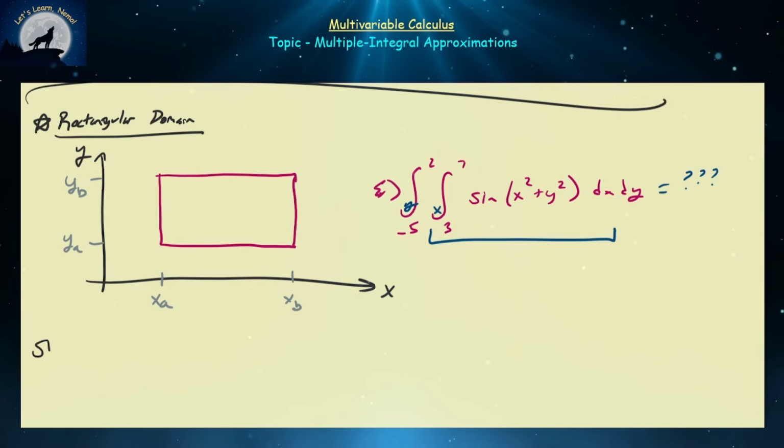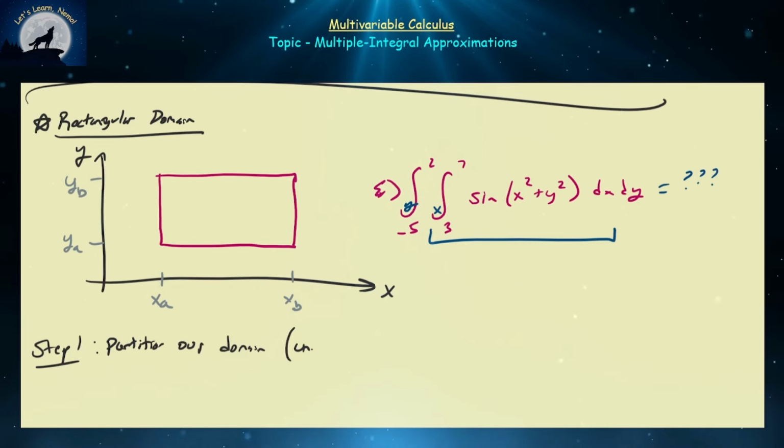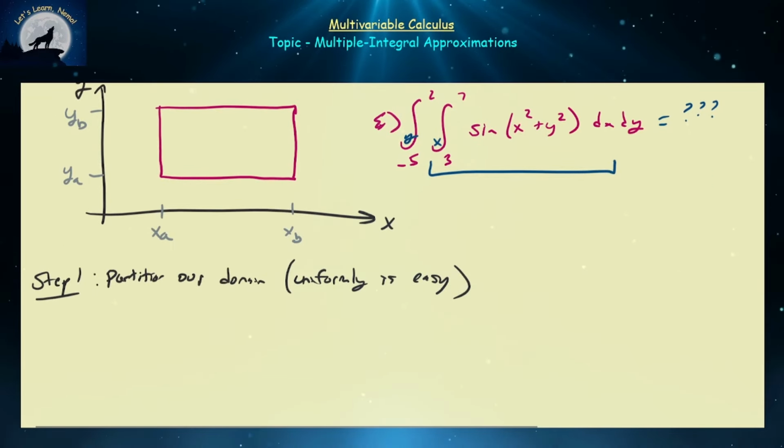The first step, and we're going to approach this just like we did with single variable Riemann integrals, where we have left endpoint, right endpoint, midpoint, trapezoidal, and Simpson's approximation. So we're going to go about it like that. The first thing we're going to do is partition our domain, in this case D, and obviously uniformly is going to be an easy approach, but it's not going to be a necessity for us.